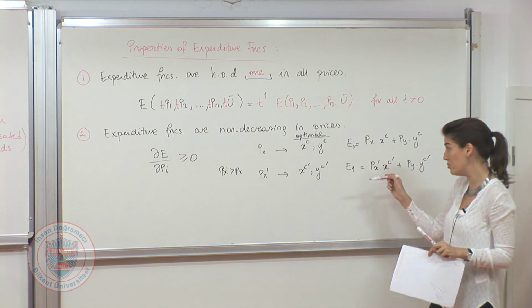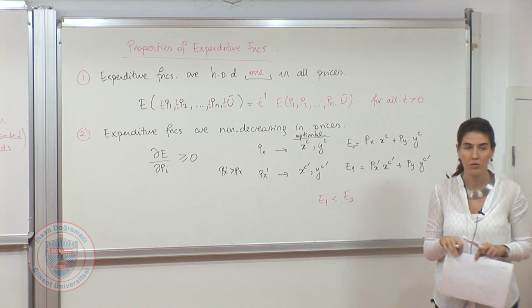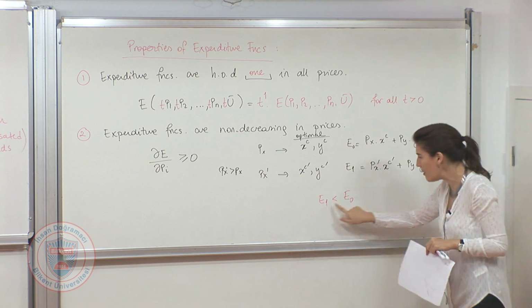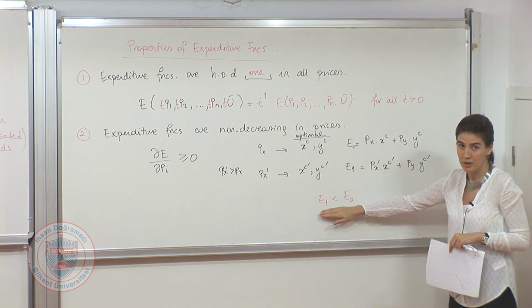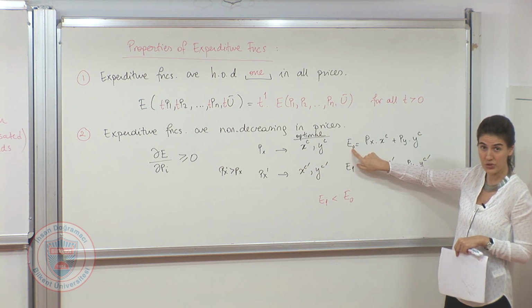Now suppose, do you think E1 can be less than E0? If that is the case, what is problematic? If E1 was less than E0, remember I claimed that with the original points I was getting the minimal expenditure.